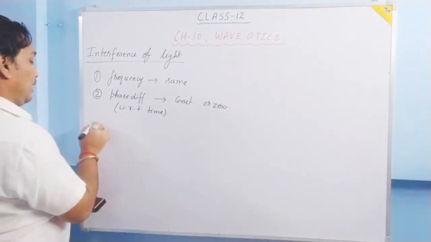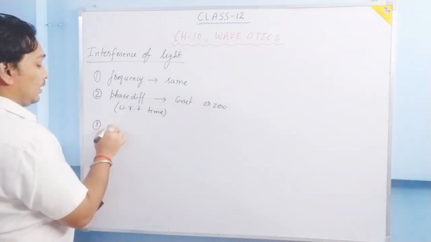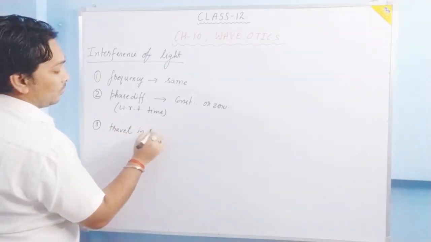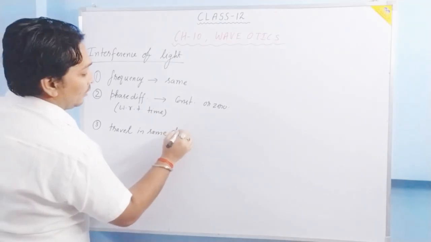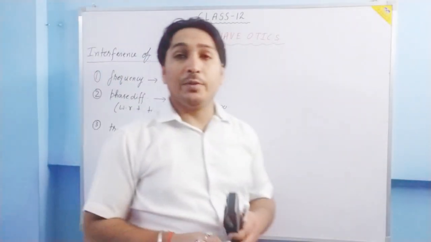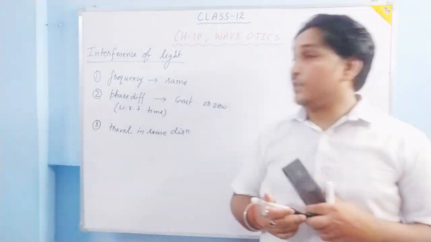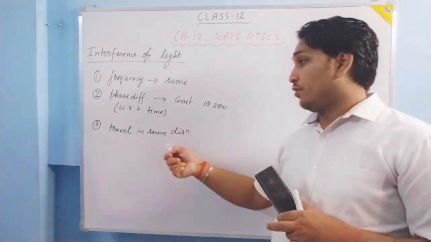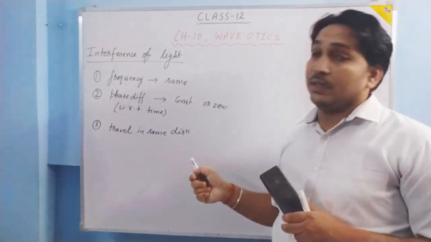Okay? And the third one is that the waves should travel in same direction. So there are three conditions. Frequency should be same, phase difference should be 0 or constant, and both the waves should travel in same direction.